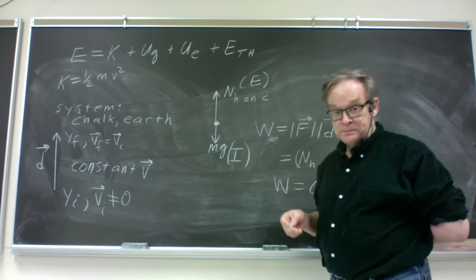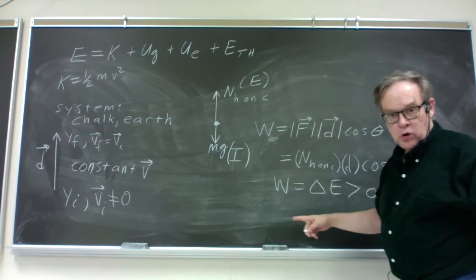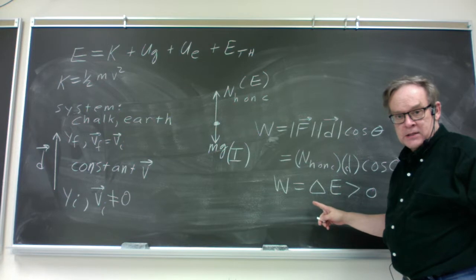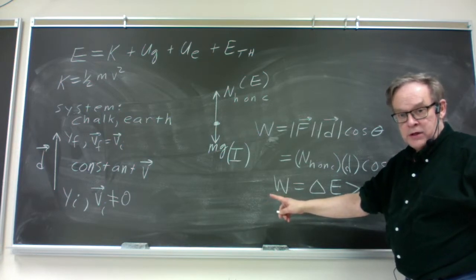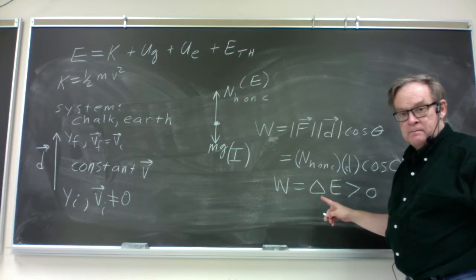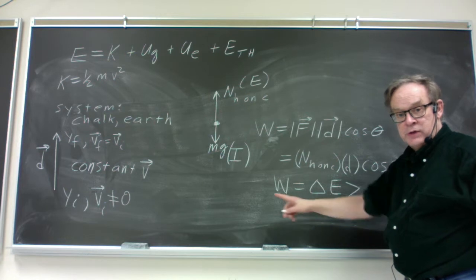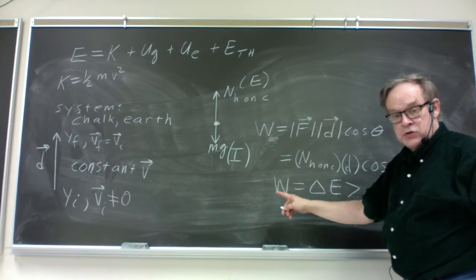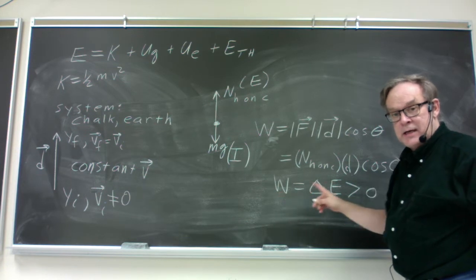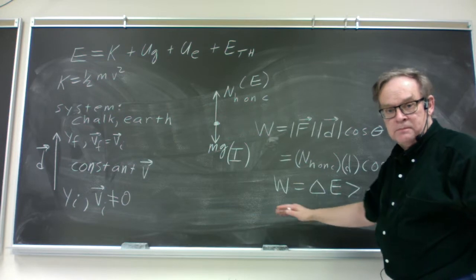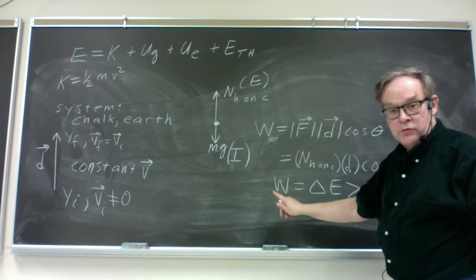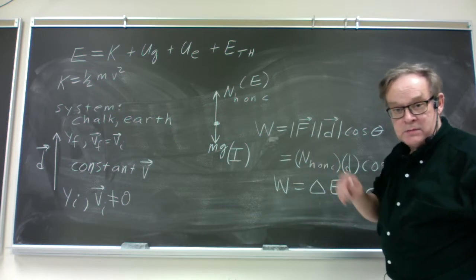And the basic rule that we thought about last time is that the net work done by all the external forces is just numerically equal to the amount of energy change, right? The numerical value of the net work done by the external forces tells you exactly how much energy is either gained or lost. In this case, the net work done by external forces is going to turn out to be positive. Let's take a look at that.